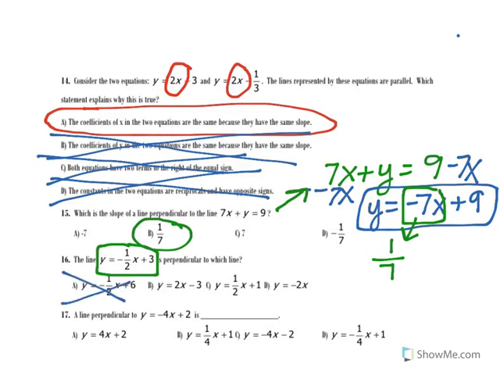We know it's not A, because that's the same exact slope. We know it's not C, because they are not reciprocals. So we want the opposite of negative 1/2, which would be 2/1, positive. The slope that's 2/1 and positive would be B. So your answer is B.